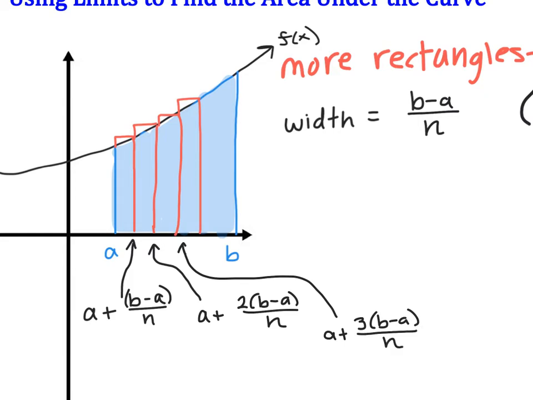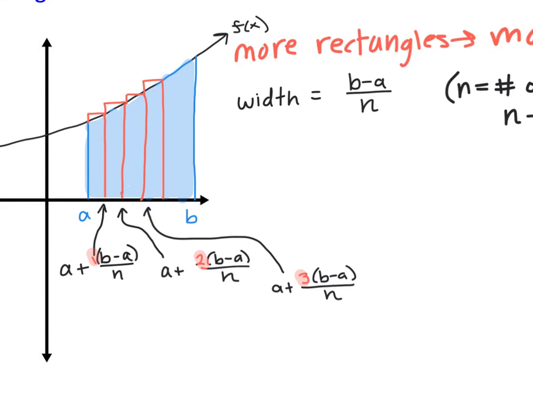So you might be noticing that for each new term, the only thing that's changing here is the number of widths we need to add to find our x value. So the next one would be a plus 4 times our width, a plus 5 times our width. So if we were doing a summation, this value right here would be our i value.